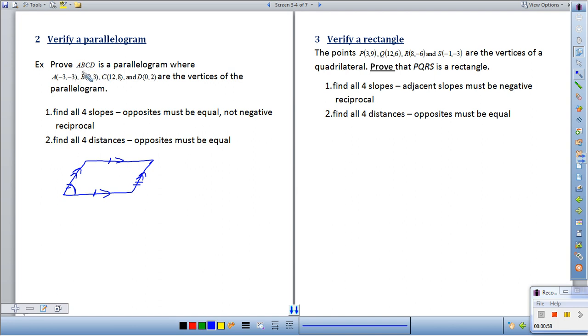It says prove that ABCD is a parallelogram, where A, B, C, and D are the given vertices. Since we have the coordinates of all the vertices in this quadrilateral, I'm going to tackle first the first property, which is that opposite sides must be parallel.